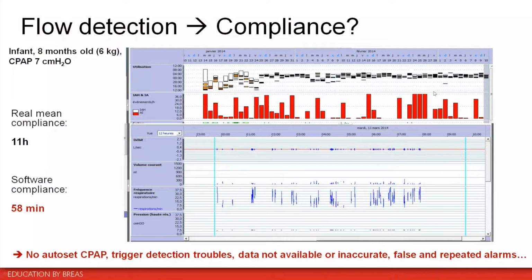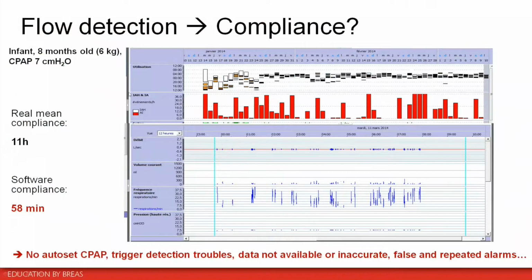If you want to follow the child only during an outpatient visit, you won't be able to know if the child was using the ventilator really during like 11 hours, as the mom said, or only during 1 hour, as the ventilator said. And in that case, as you can see on this curve, the patient was not detected, so the software said that the use was only for 1 hour, while it was really during like 11 hours. So you have to be aware of that limitation.